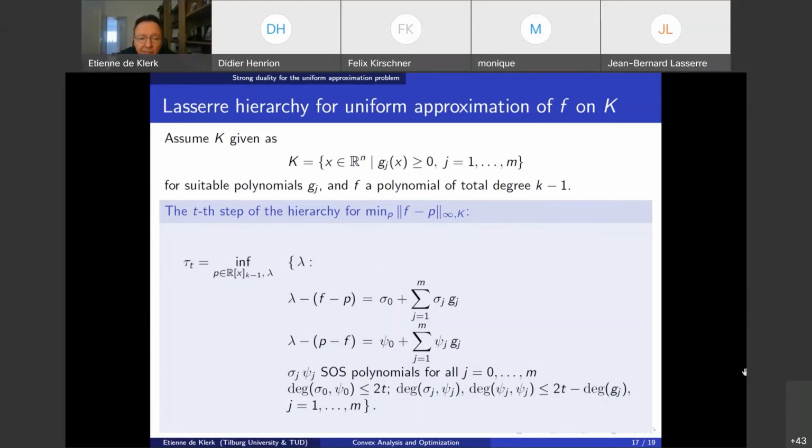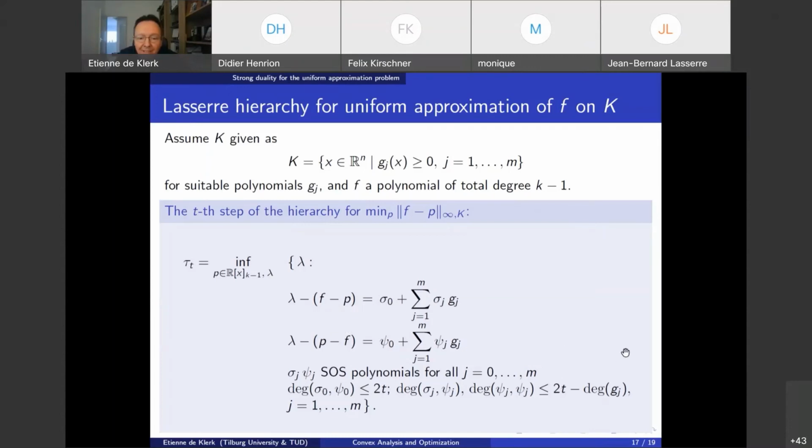So the interesting thing is, we actually get feasible approximations from this. It's not just that we get upper bounds. So every solution here, if we have these functions p and sigmas and psi's, then this p is some approximation to f.